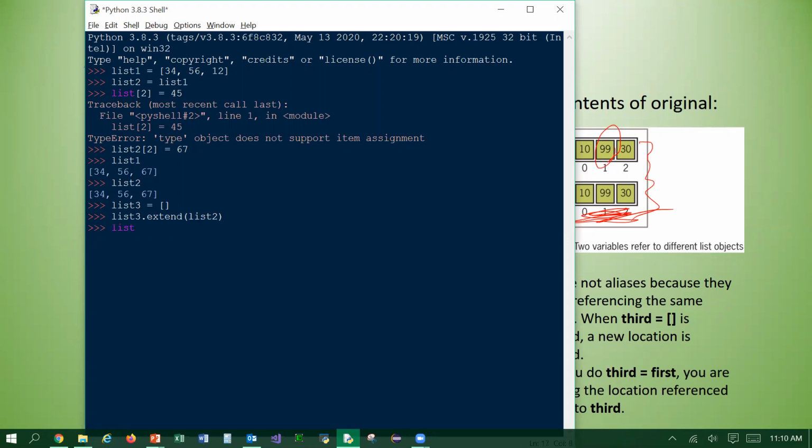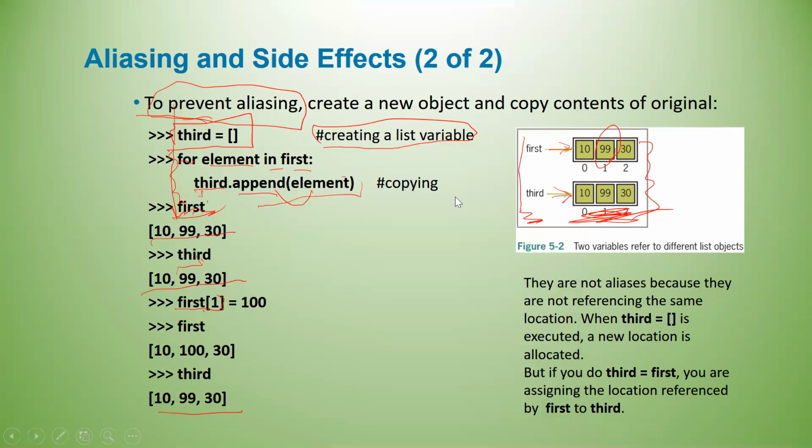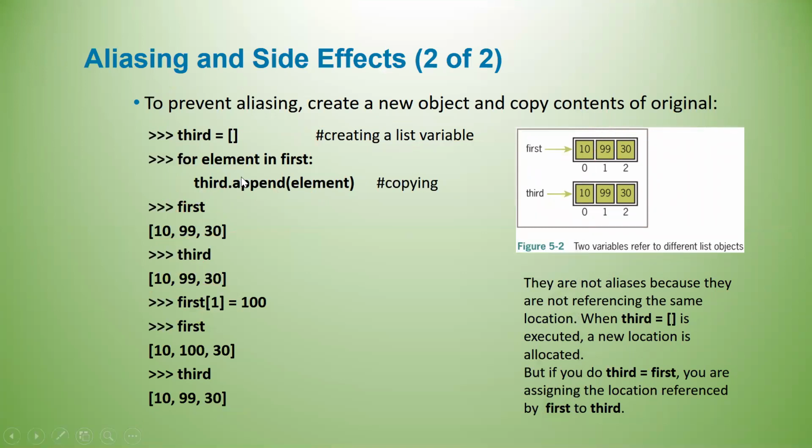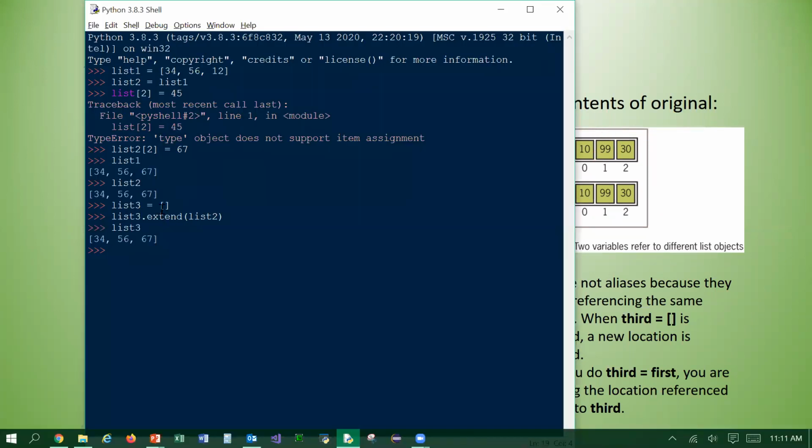Okay, list 3. So you can use this syntax to simply copy each element. That's using the for loop to copy each element. You can also simply, because this is an empty list, extend, add that list to the end of this list, but this list is empty, so now there are two different things.